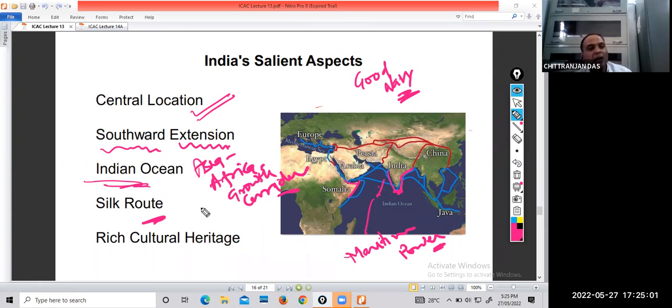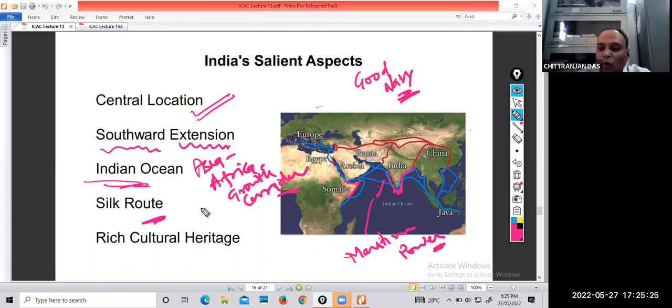Therefore India has remained a cultural melting point of various cultures. Various cultures have come, assembled, and assimilated here, and given birth to a culture which is now called Indian culture.